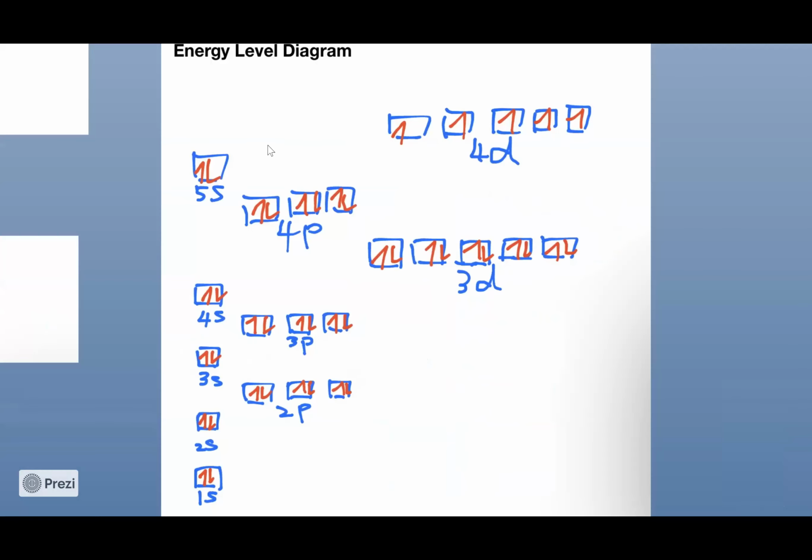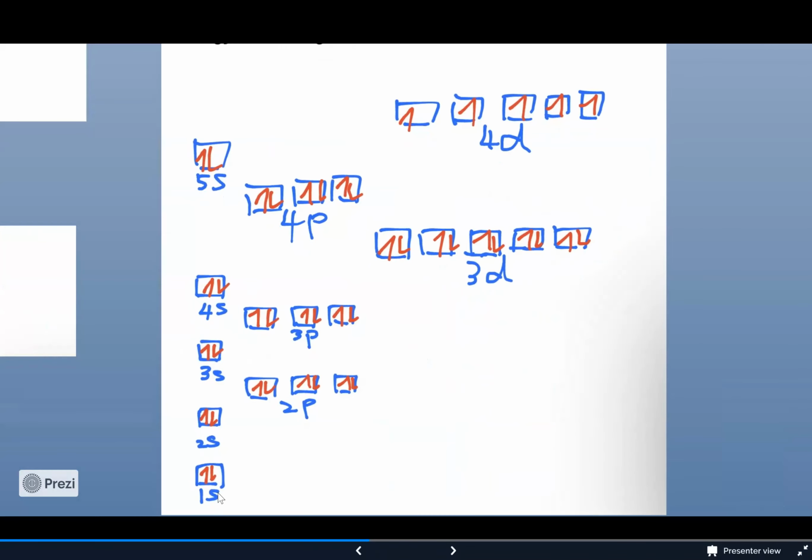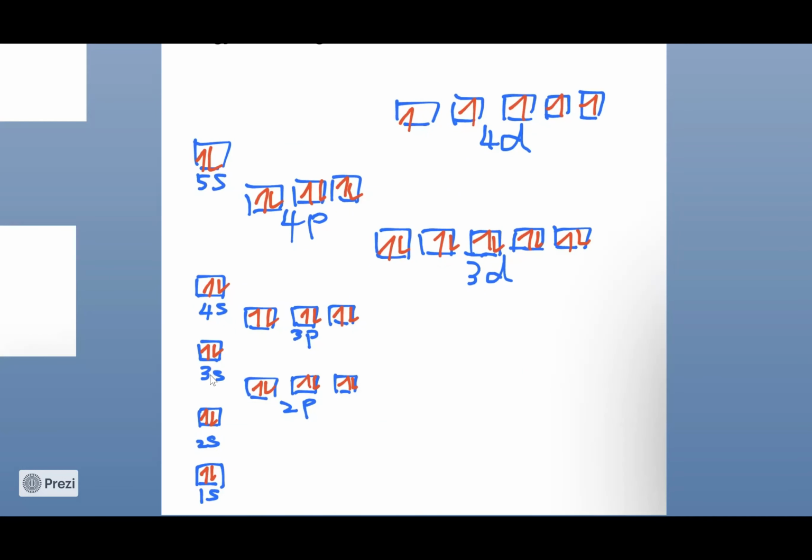The energy level diagram basically has 1s, 2s, 2p, 3s, 3p, 4s, 3d, 4p, 5s, 4d. So in the 1s orbital, it can hold up to 2 electrons. In p orbitals, it can hold a maximum of 6 electrons. In d, it can hold up to 10 electrons.